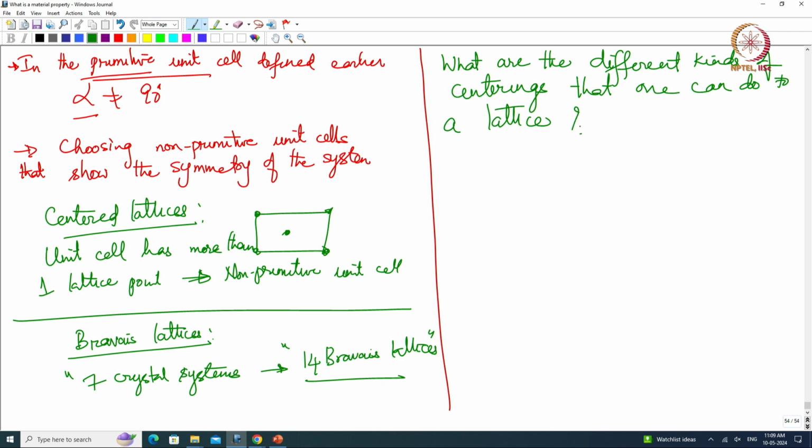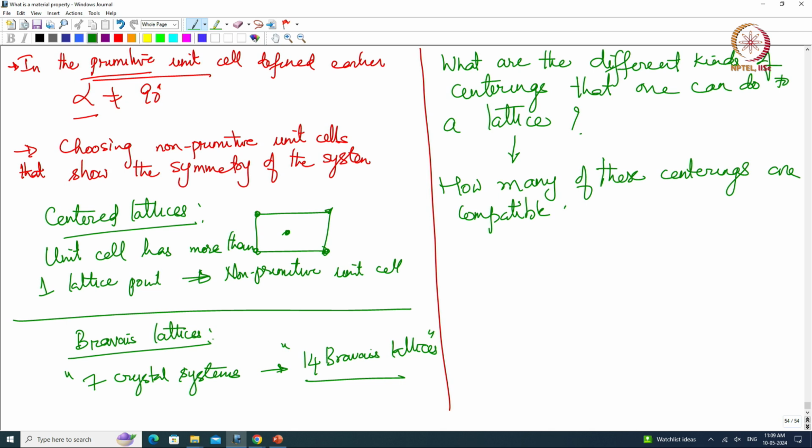We will ask this question first, and how many of these centerings are compatible with each of my 7 crystal systems. So we will start with these 2 questions.